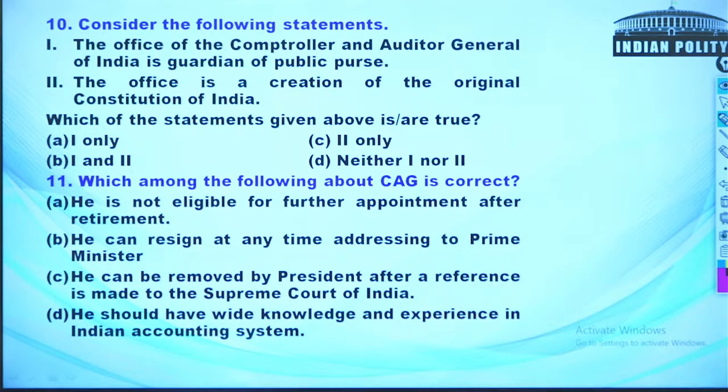So it is a very delicate and important responsibility of the Comptroller and Auditor General. For these things he is called the guardian of public purse.